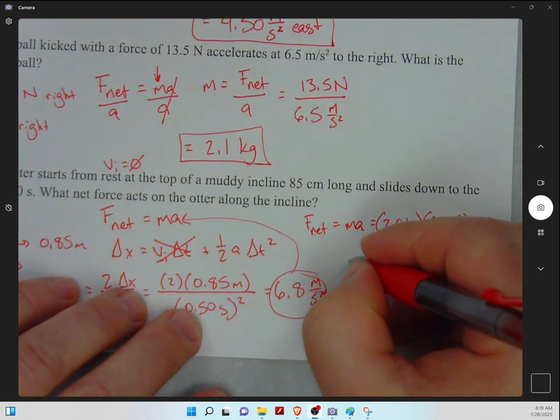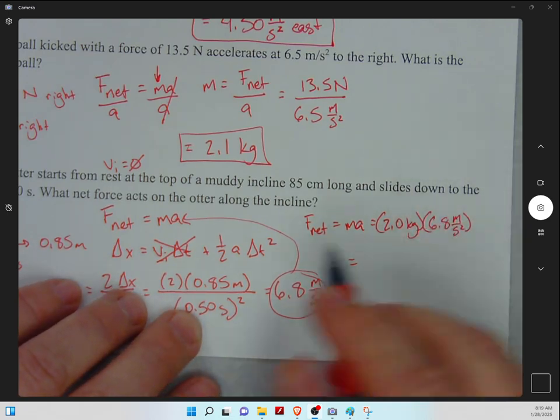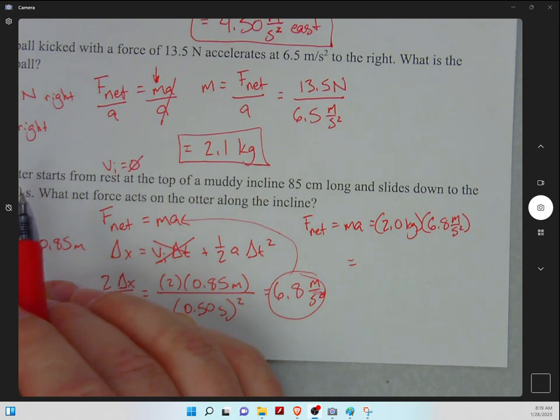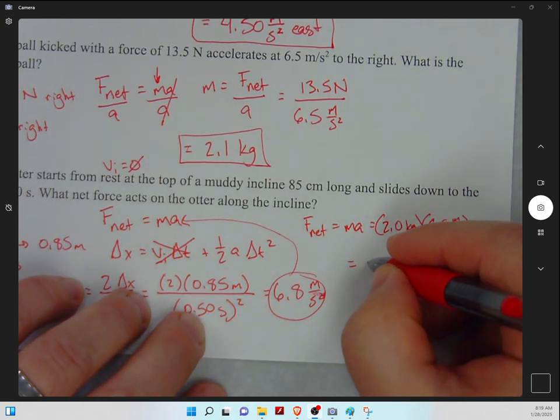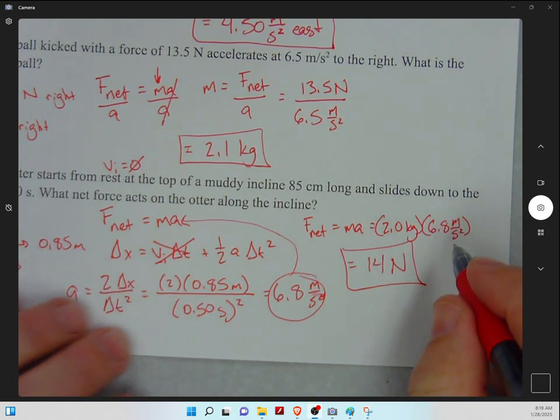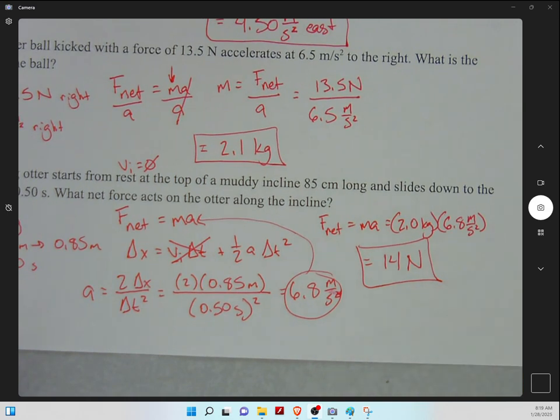Multiply those out, and again, with two sig figs here, the calculator is going to want to tell you something like 13.6, but with two sig figs, 14 newtons.